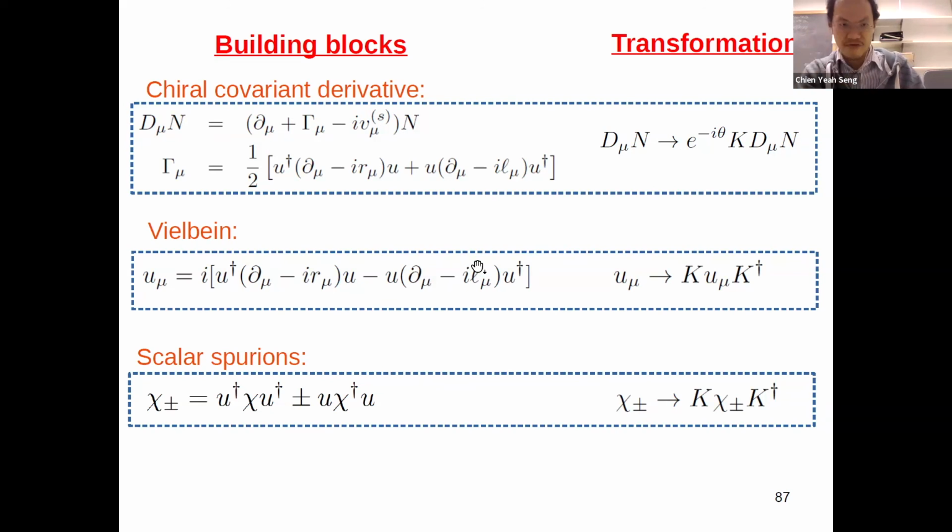At the same time, we can rewrite the spurion, the scalar sources, by multiplying them by u dagger and u, and so on. And you see that all these definitions are such that the transformation depends only on a single matrix K and K dagger. So all the chiral building blocks have simple transformations which depend on K and K dagger. Therefore, it's easy to construct a chirally symmetric Lagrangian based on these building blocks.